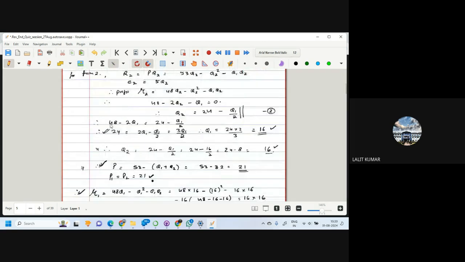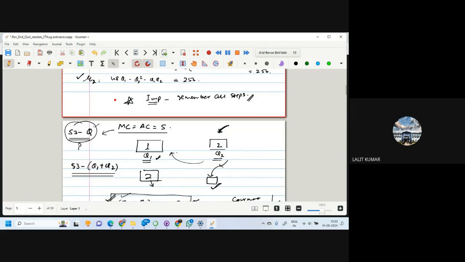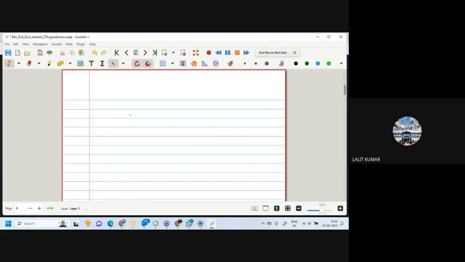So what happens in this kind of question, how to solve this? We had done it already, again I will do. This is firm 1, this is firm 2, this is making Q1 items, this is making Q2 items.